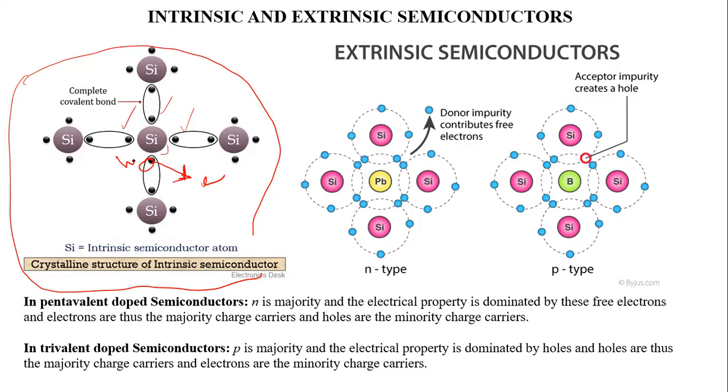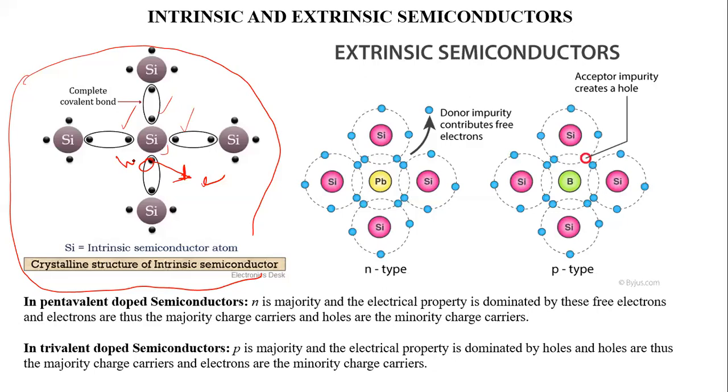Now, let us jump to what is called extrinsic semiconductor. In an extrinsic semiconductor, we insert a foreign atom, meaning an atom other than the constituting atoms.